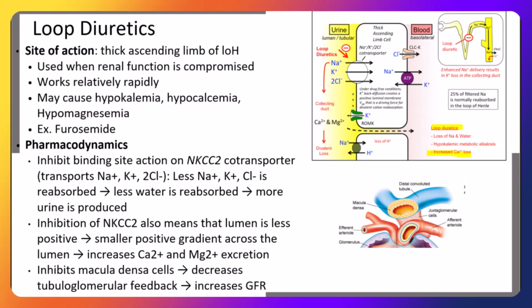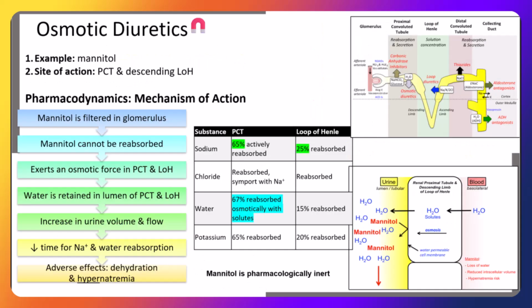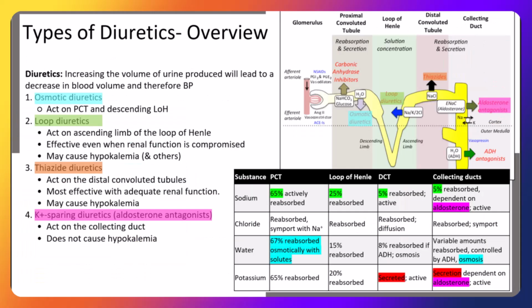Now, because loop diuretics act on that thick ascending limb, remembering that this is where we get a bigger chunk of reabsorption of both sodium and chloride, they tend to go together.